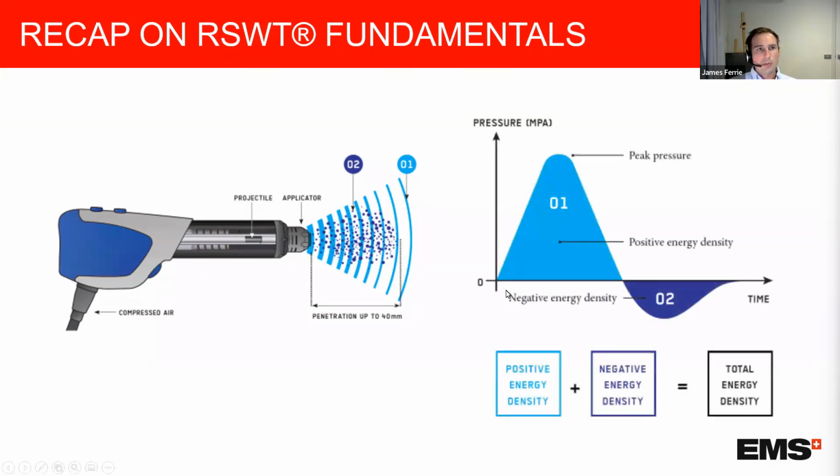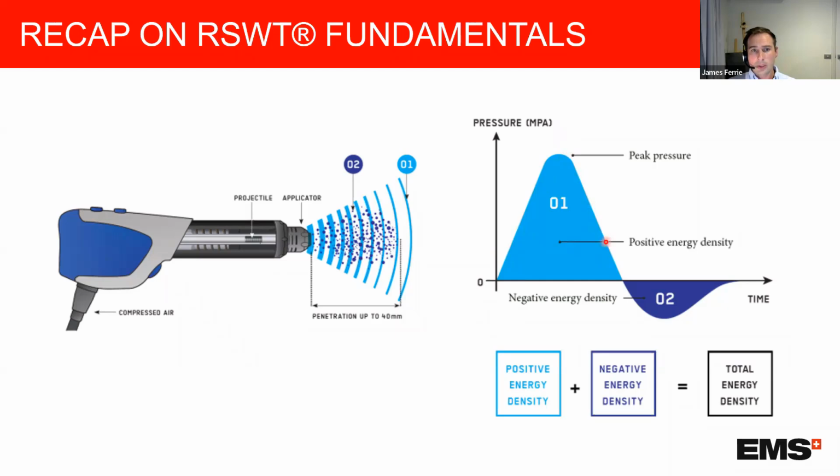So in terms of the anatomy of the shockwave, these are the important aspects. What we have is, as the projectile hits that applicator tip, we get a compression phase, and this is where we get a positive energy density. It rises above the atmospheric pressure.